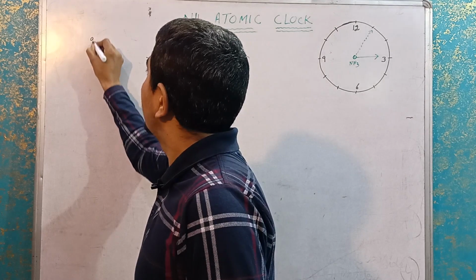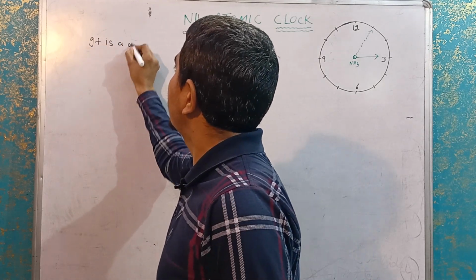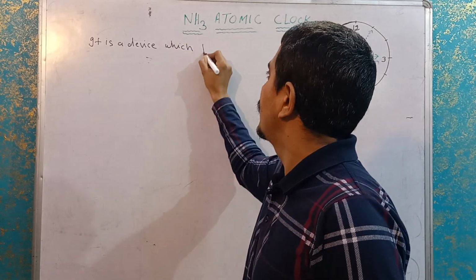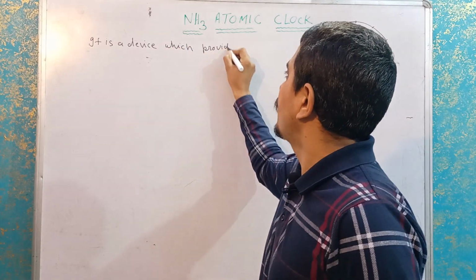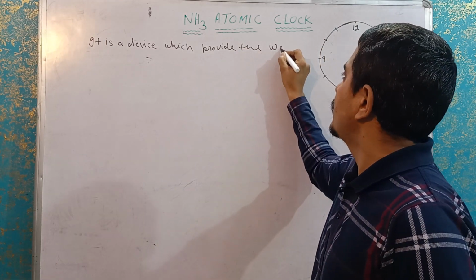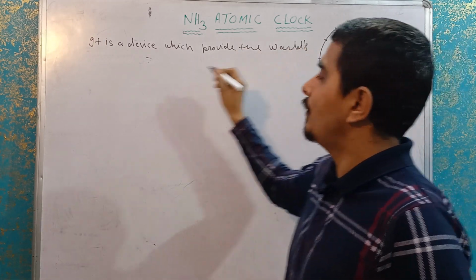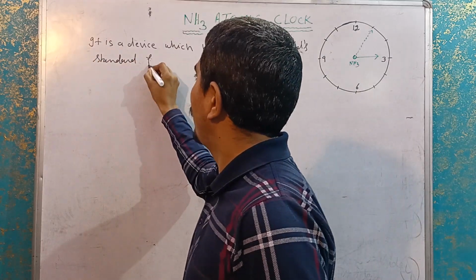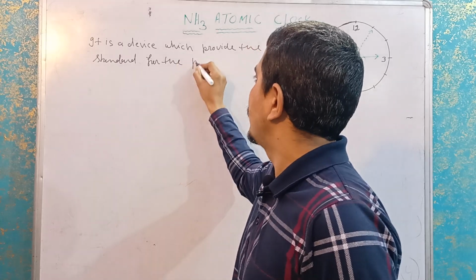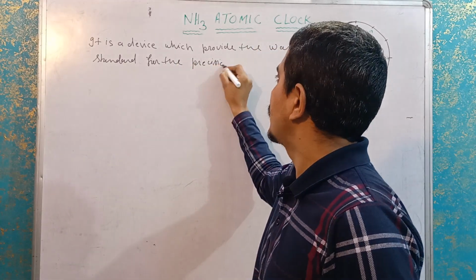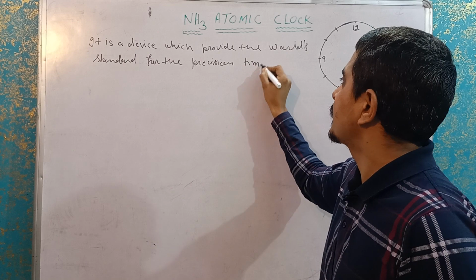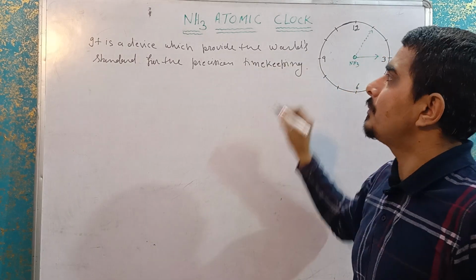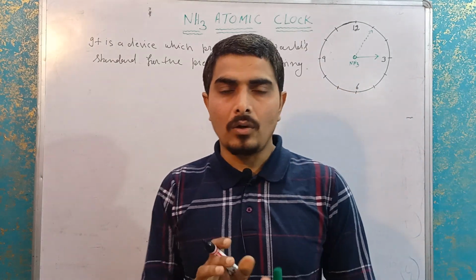An atomic clock is a device which provides the world standard for precision time keeping. It is the NH3 atomic clock.